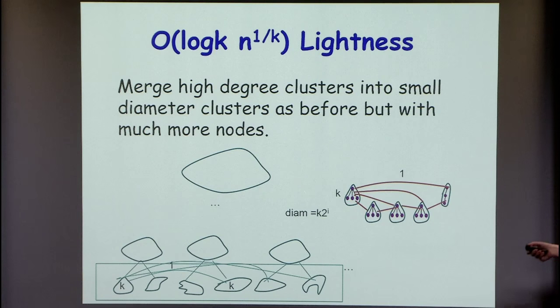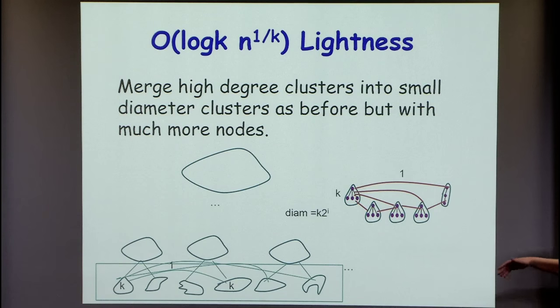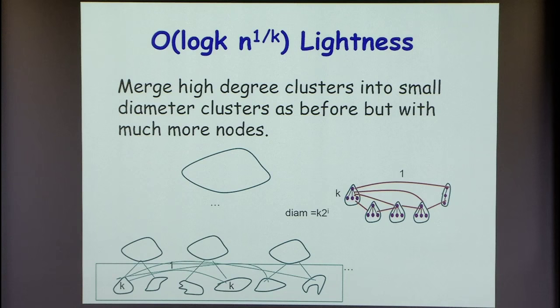And now I can just construct a greedy spanner on this graph. Okay, so half of the nodes here will disappear. So amortizing, every node appears in only one spanner. So I won't pay too much.